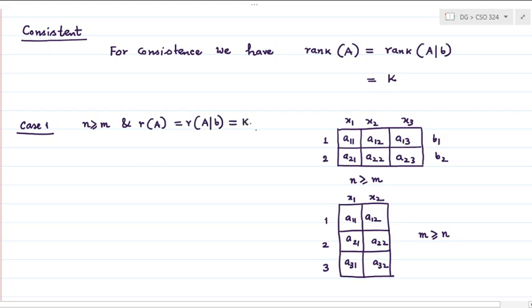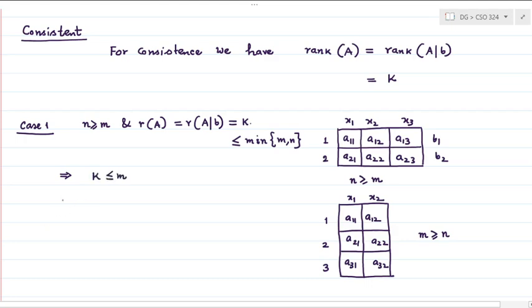Obviously, as you all know, this value k is always less than or equal to the minimum of m and n, the number of rows and number of columns. So once you are under this assumption, this will imply that k is less than or equal to m.